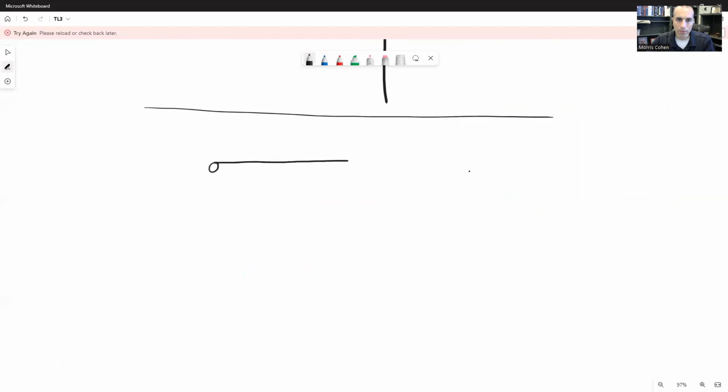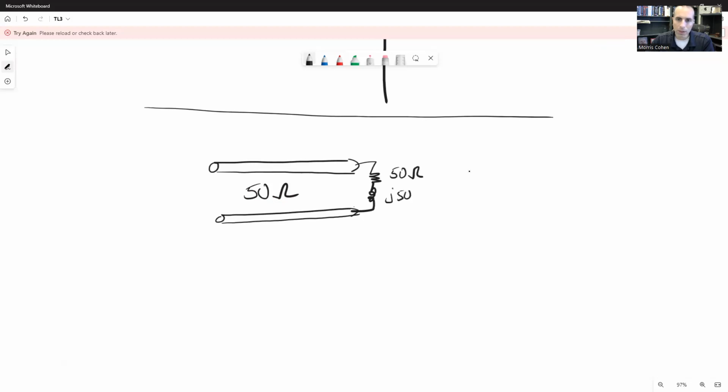So let's say we've got the same 100 ohm line, or let's say actually we've got a 50 ohm line, and it ends in a capacitor inductor series. The capacitor is minus j 50 ohms, and the inductor is j times 50 ohms, in which case ZL will just be the sum of the two since they're in series. So ZL will equal 50 plus j times 50. All this is in ohms.